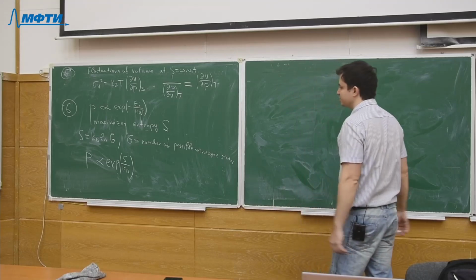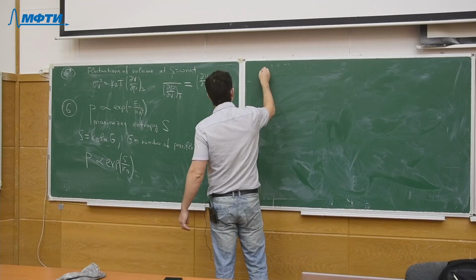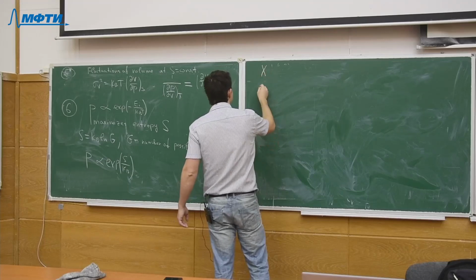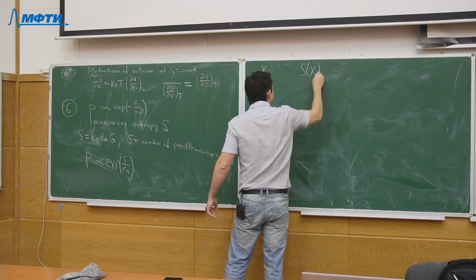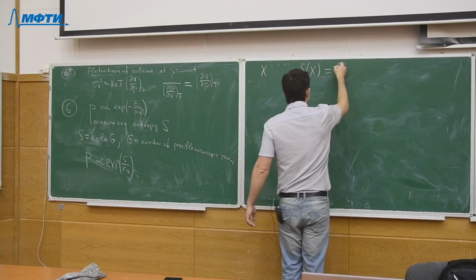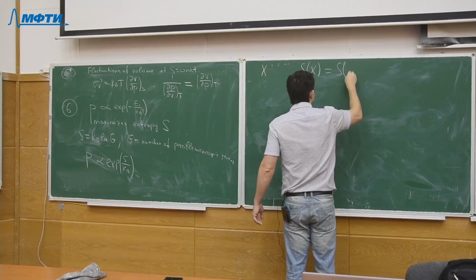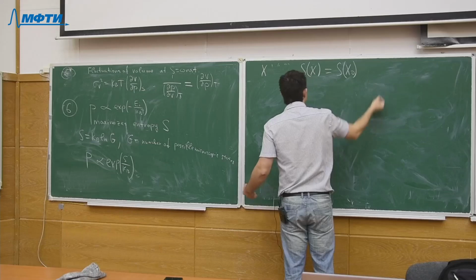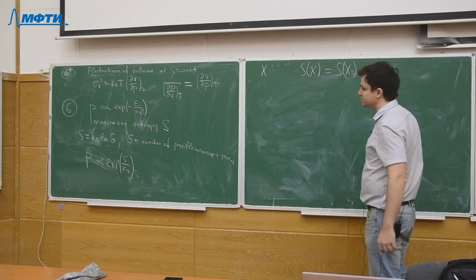And of course, if I have a certain thermodynamic variable x, I can express the entropy as a function of x, and that should be something like the maximum value of that at a certain x0.